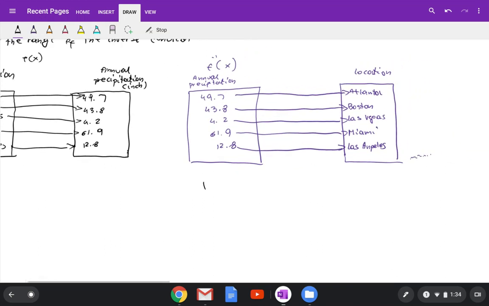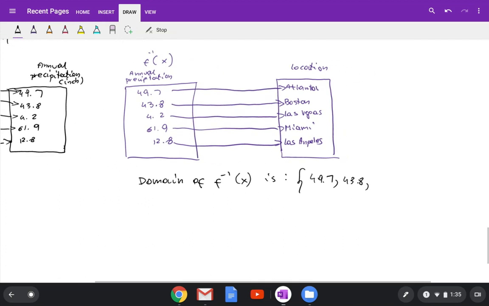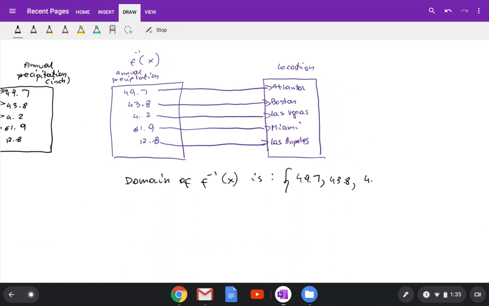So, domain of inverse function is annual precipitation. So I will just list those numbers: 49.7, 43.8, 4.2, 61.9, 12.8.